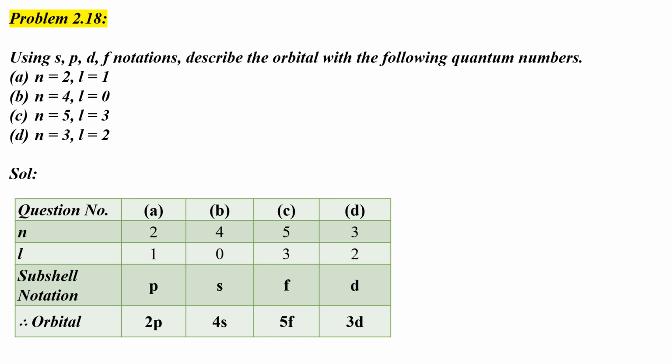Now coming to the last case D, here n equal to 3 and l equal to 2. Since n equal to 3, it indicates the third shell. If the value of l is 2, it indicates the d subshell. So the subshell is the 3d subshell, and the orbital corresponding to it is the 3d orbital. This is the orbital indicated by the quantum numbers n equal to 3 and l equal to 2.